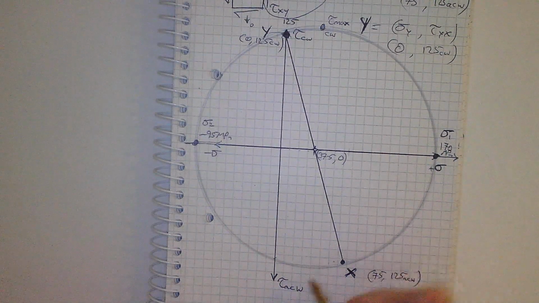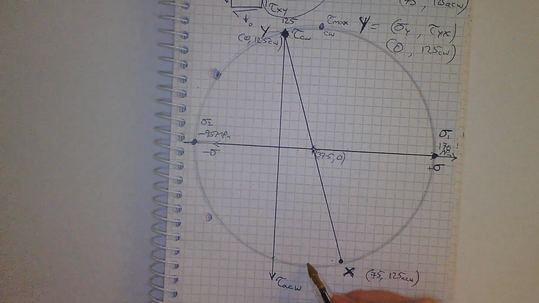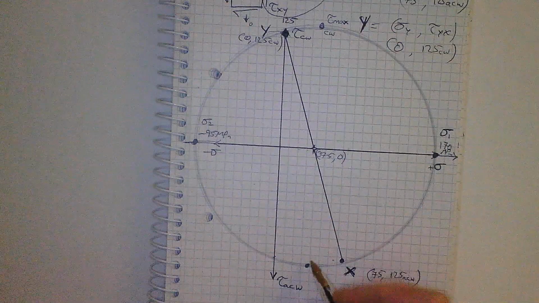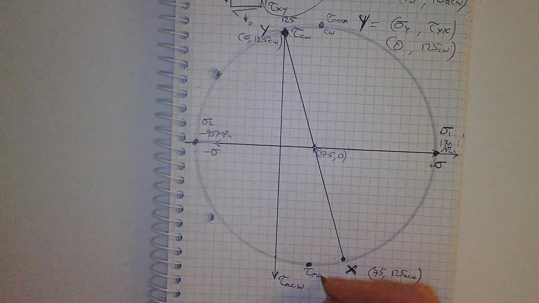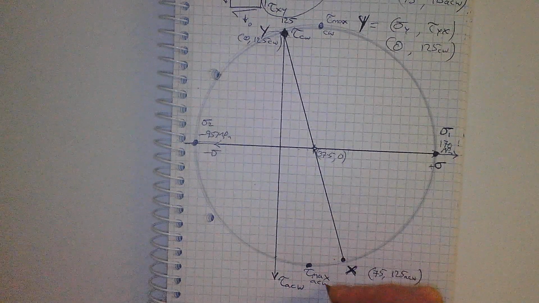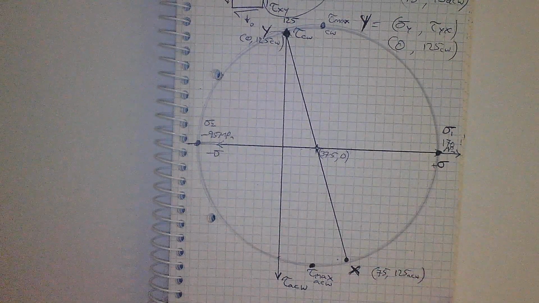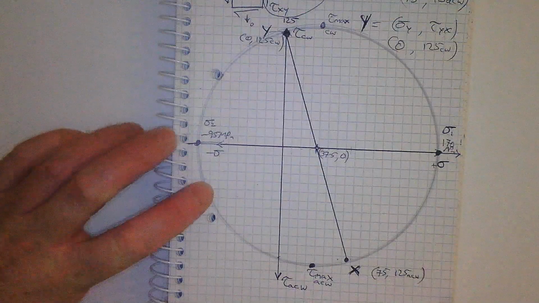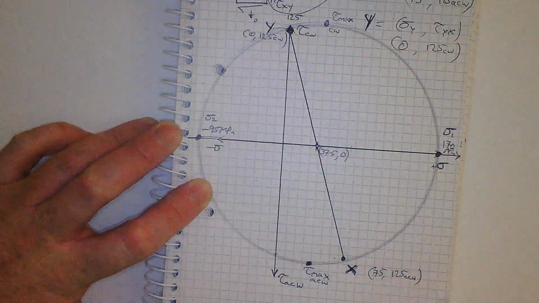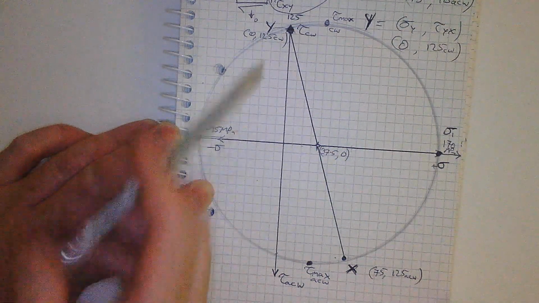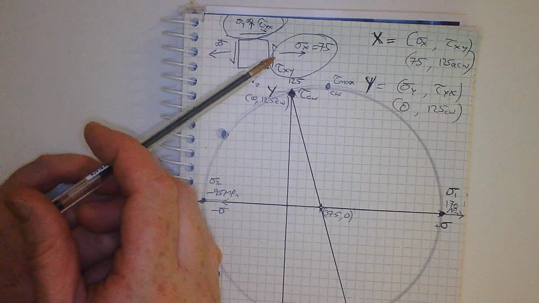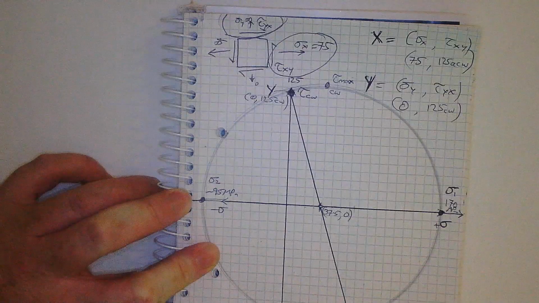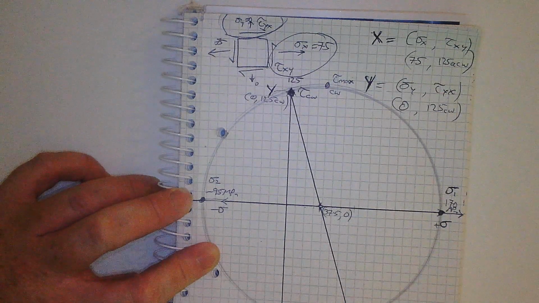And then you have the very bottom of the circle here, directly underneath the center of the circle, this is tau max in the anti-clockwise. Okay, so the very top and bottom of the circle. They should be both the same magnitude. One of them's clockwise, one of them's anti-clockwise. The same as your tau xy, one of them is anti-clockwise and one of them is clockwise, but they're equal and opposite to each other.